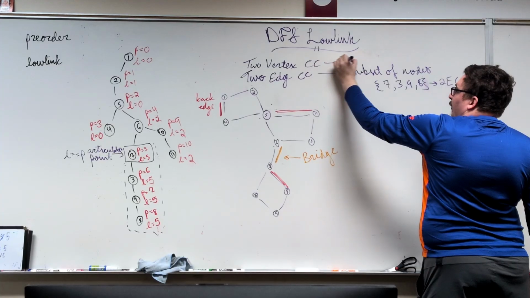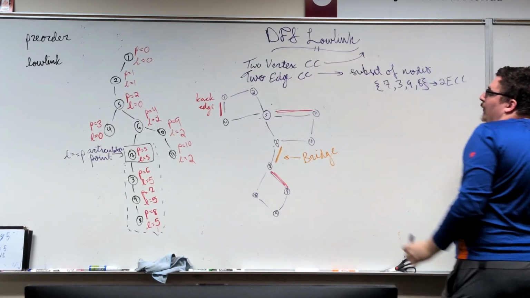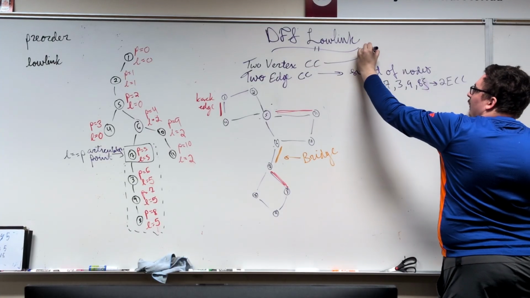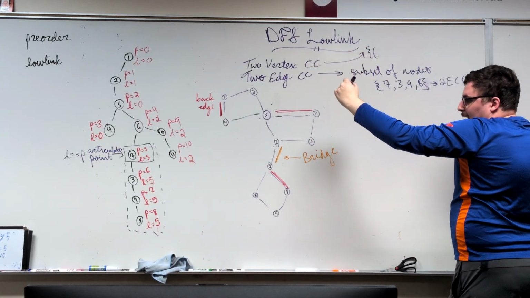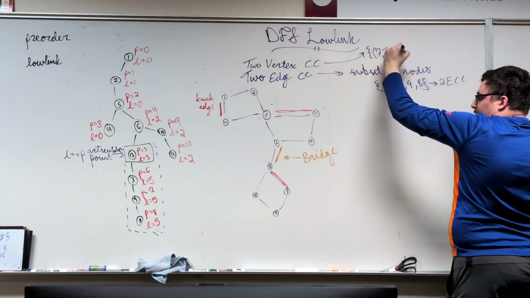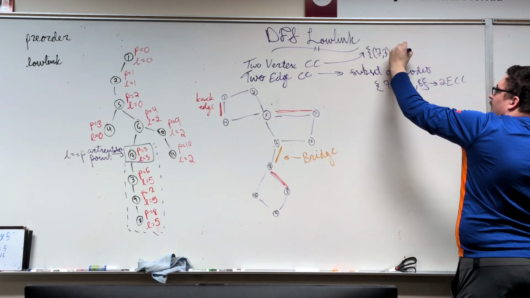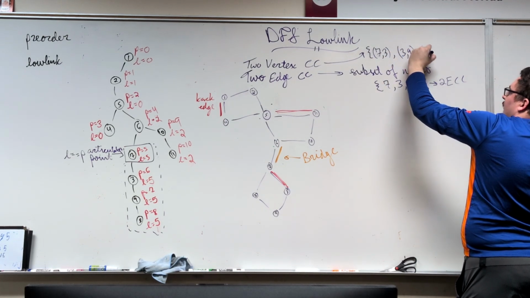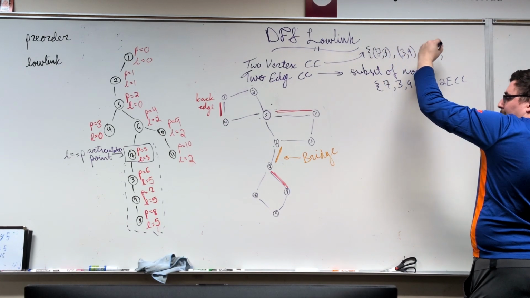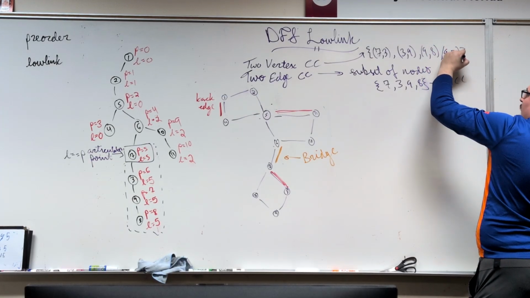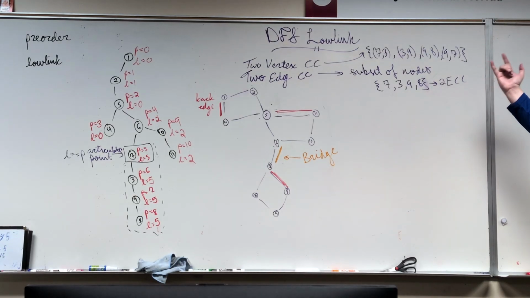With vertex connected components, however, we view them as subsets of edges. So if we looked at the edges 7, 3, 3, 9, 9, 8, and 9, 7, this subset of edges is a 2 vertex connected component.